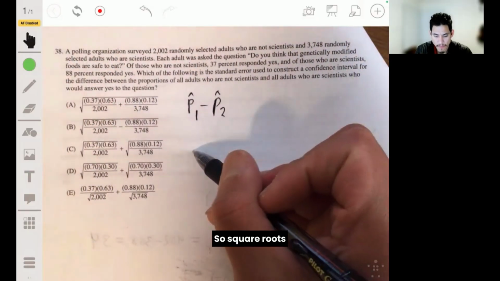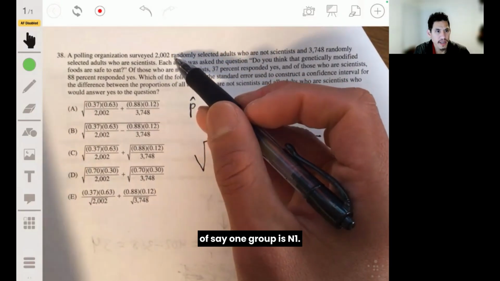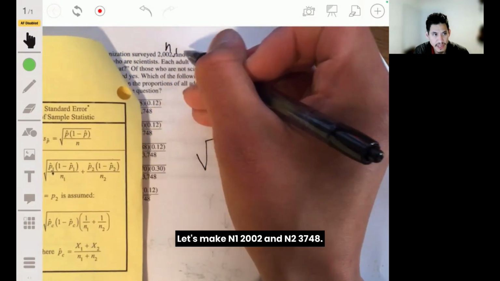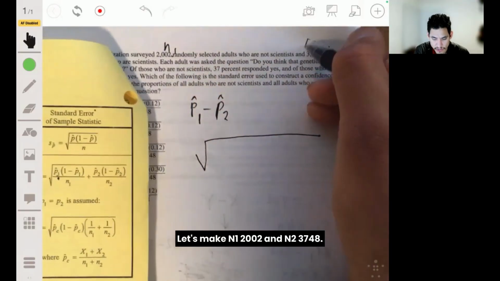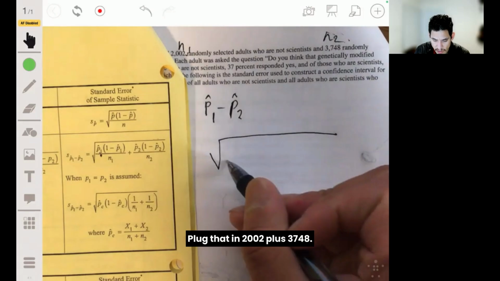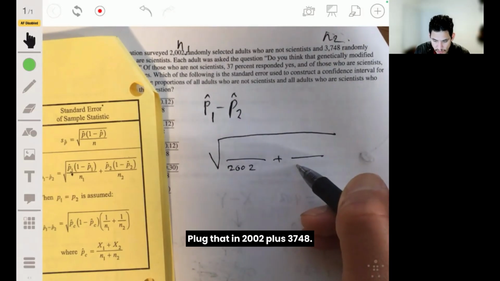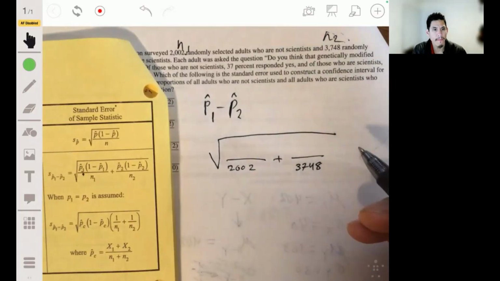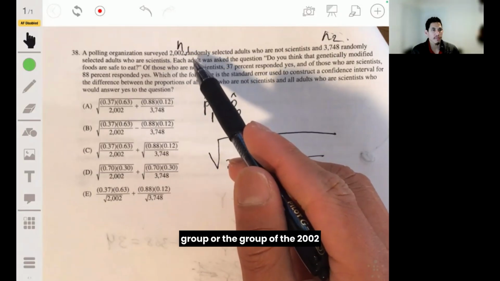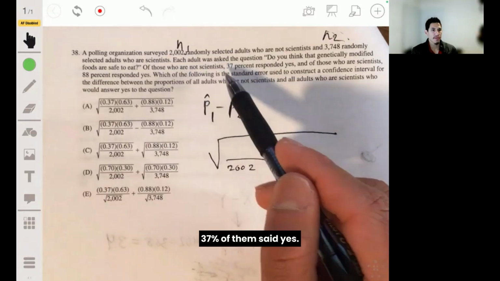So square root of, let's say one group is n1, let's make n1 2002, and n2 2,748. Plug that in. 2002 plus over 2,748. And from the 2002 group, the group of the 2002 individuals, not scientists, 37% of them said yes.